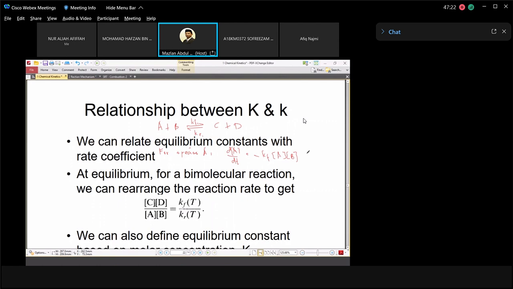And for the reverse, it's positive. Reverse is one, actually we don't need a number one because it's only one reaction here. You have C and D.